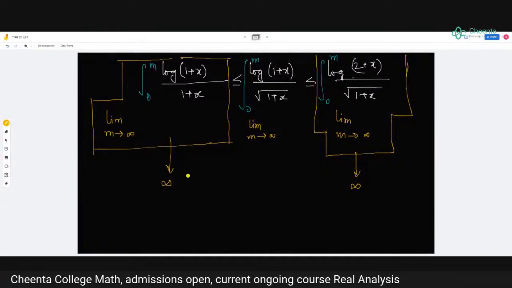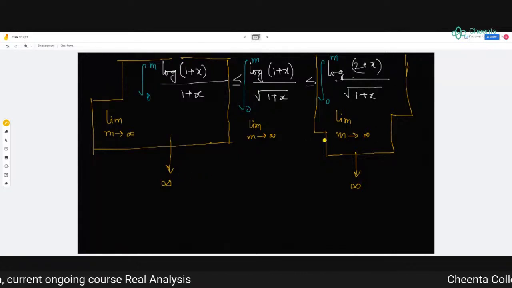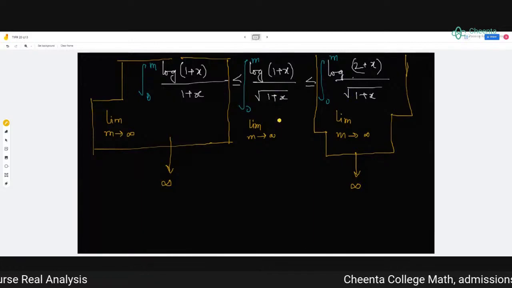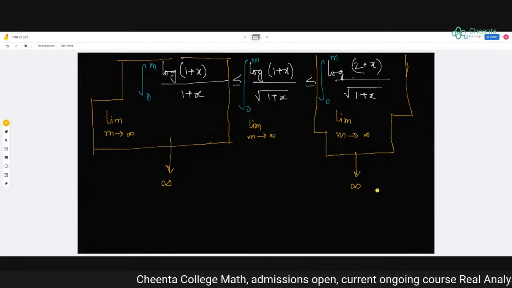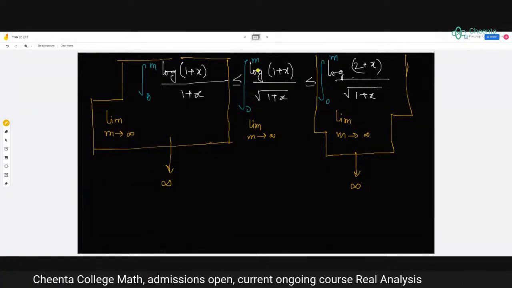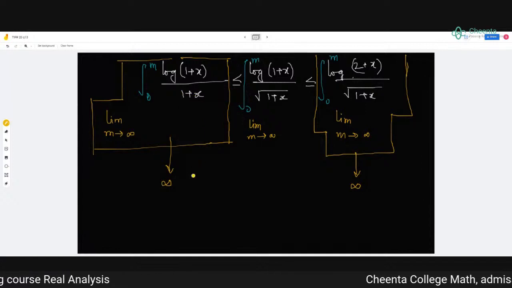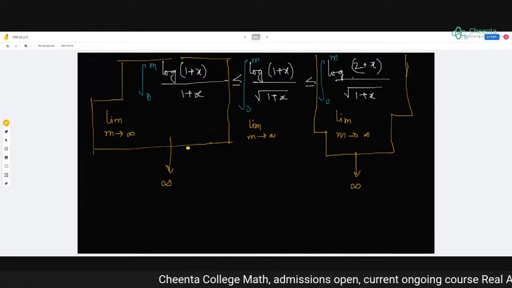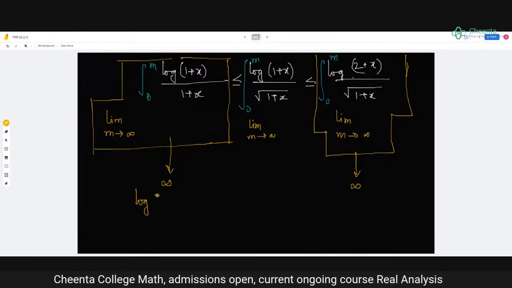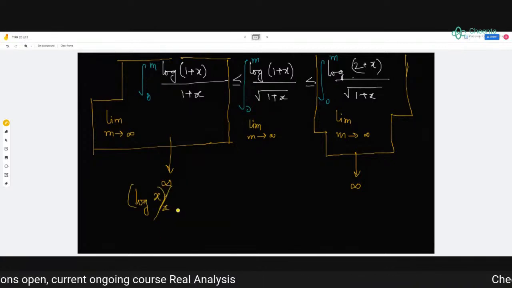Because if my leftmost side tends to infinity, then a function whose values are greater than or equal to that will also go to infinity. And of course we know that the integral of log(1 plus x) by (1 plus x) from 0 to m, as m tends to infinity, goes to infinity. This is the standard integral of log x by x.